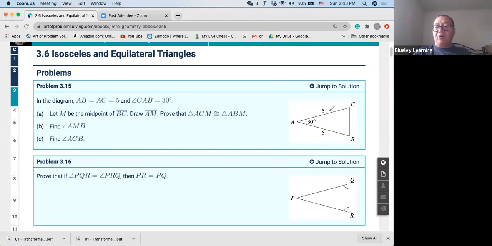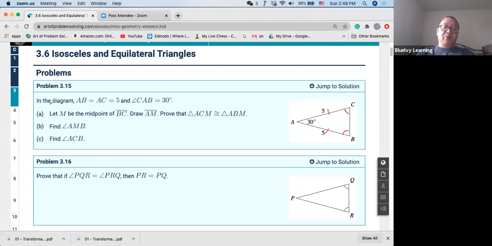Suppose we have triangle ABC, AC equals BC equals 5. Then this triangle is called an isosceles triangle. If you know AC equals BC, then this angle will also equal this angle. Later we'll prove that.